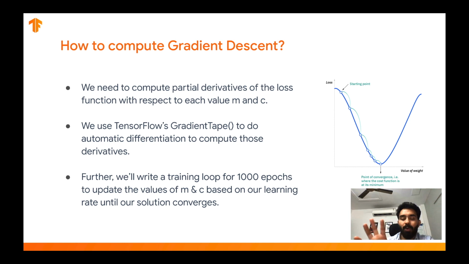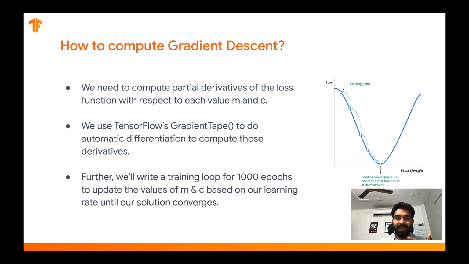TensorFlow provides all the features for automatic differentiation that we are going to use, and I'll show you how. Further, we'll be writing a training loop where we'll define how many epochs you want to train for, the number of times you want to run that loop, and we'll define the learning rate, which is the step size of our gradient descent.